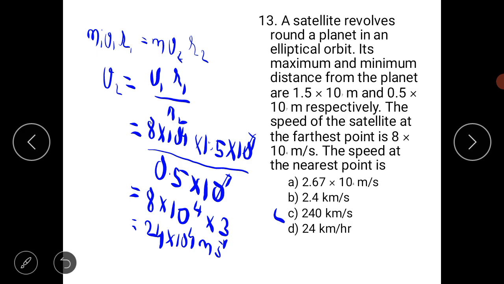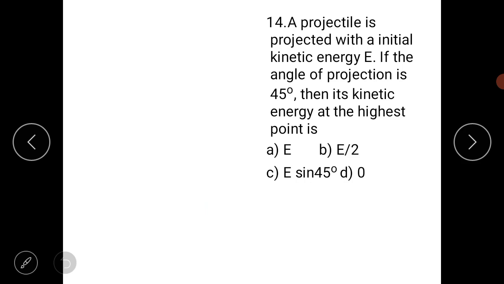Now let us go for the next question. A projectile is projected with an initial kinetic energy E. If the angle of projection is 45 degree, the kinetic energy at the highest point is?